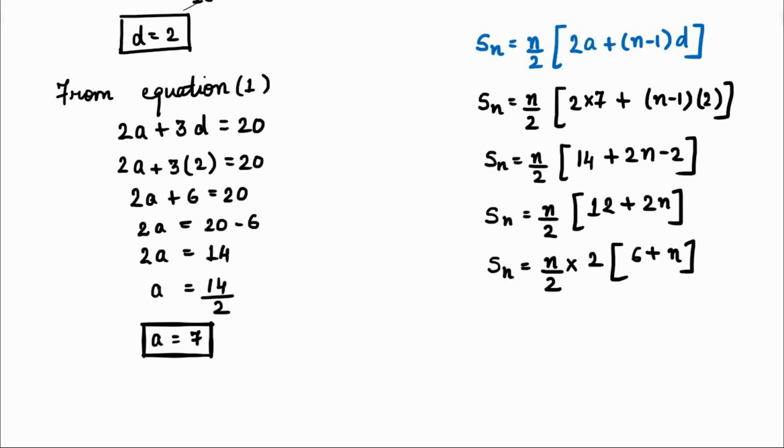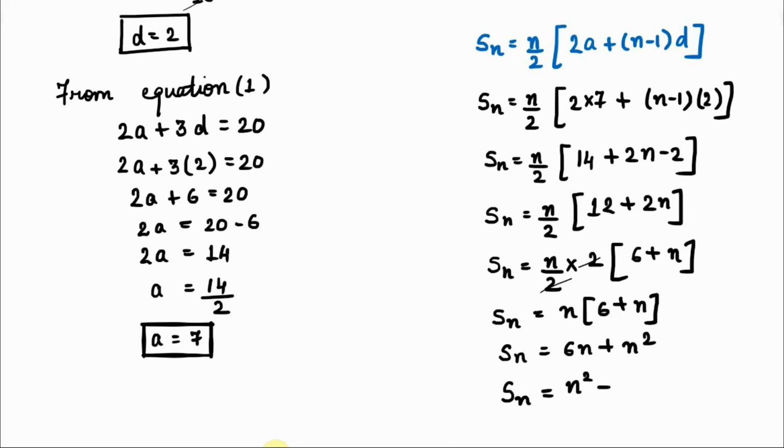The 2 cancels out and we are finally left with Sn equals n times 6 plus n. Just opening the bracket, I get 6n plus n square. You can rearrange it in the last step and write Sn equals n square plus 6n. So this is the sum of n terms of the given AP.